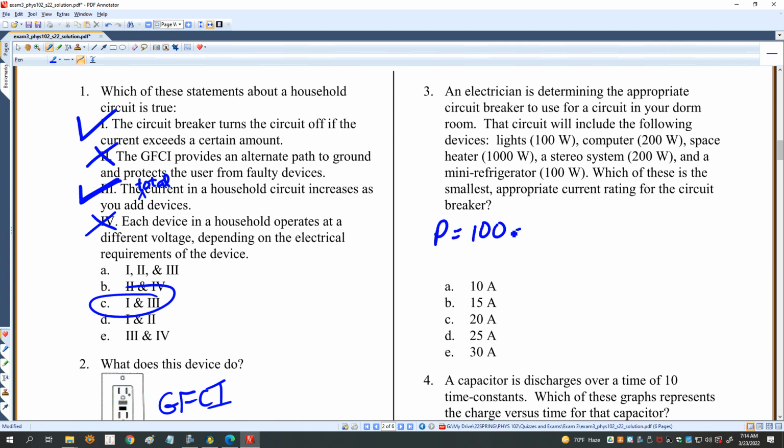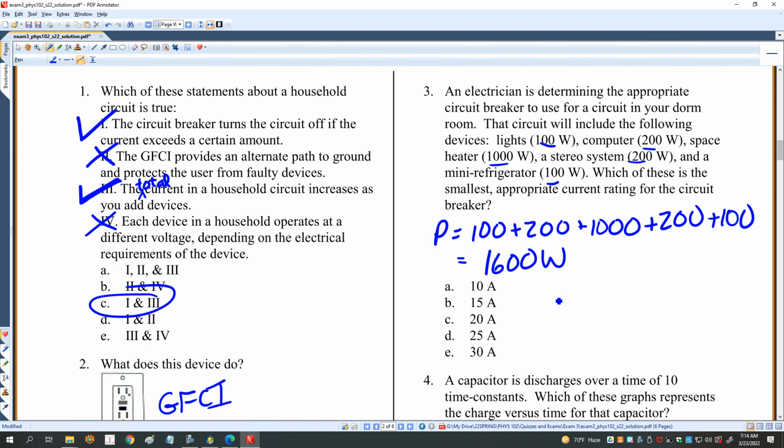That's 100 plus 200 plus 1,000 plus 200 plus 100. It's 300, 500, 600. So 1,600 watts. That's the total power rating that I have.